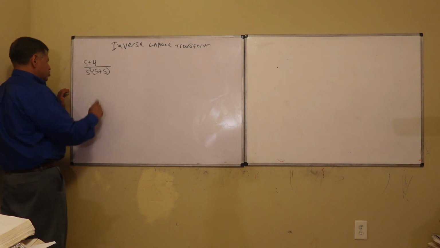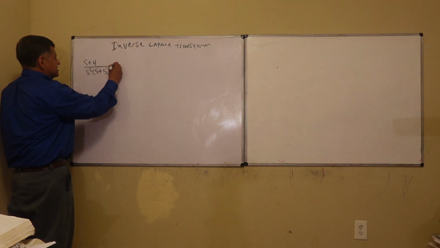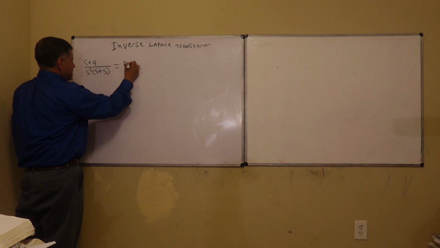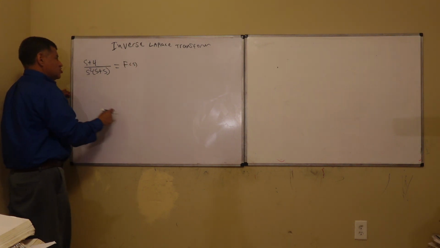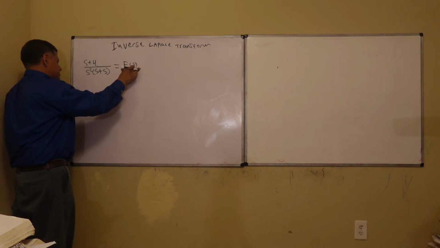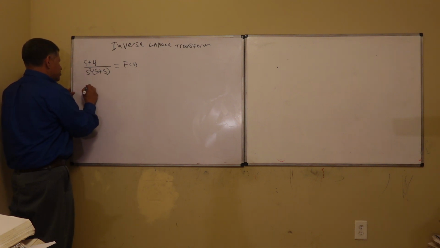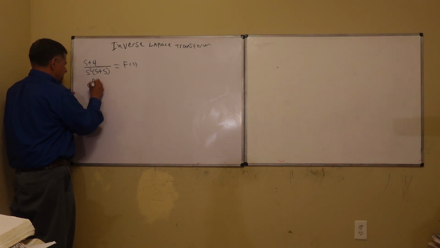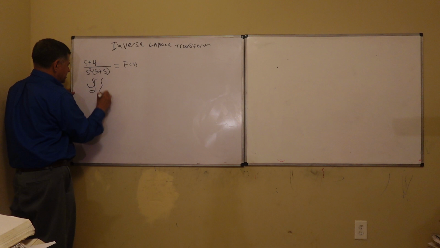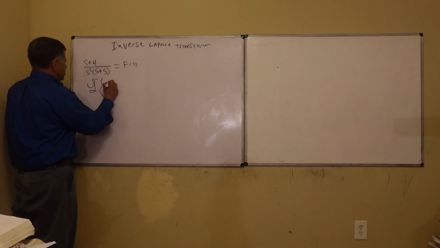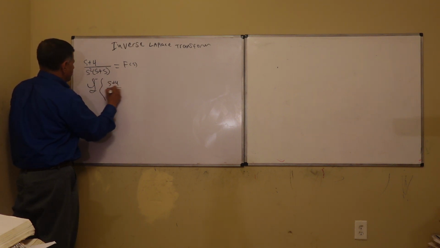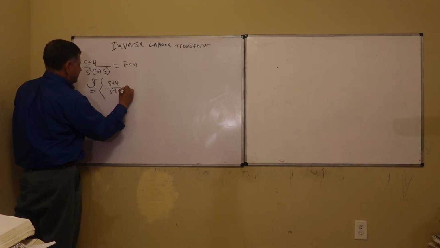So given that this is equal to big F of s, we're trying to find the inverse of that, which is the inverse of s plus 4 over s squared times s plus 5.